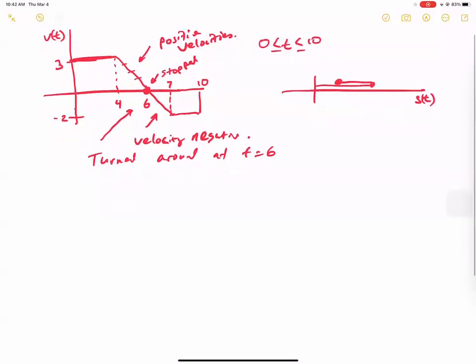All right, so the question is, what is the displacement? How far have I moved from my initial position? If my initial position was 0, let's say t is equal to 0, S of 0 is 0, okay? How far have we moved? Just like what we did before, the rule to find displacement is the integral from 0 to 10 of v of t.